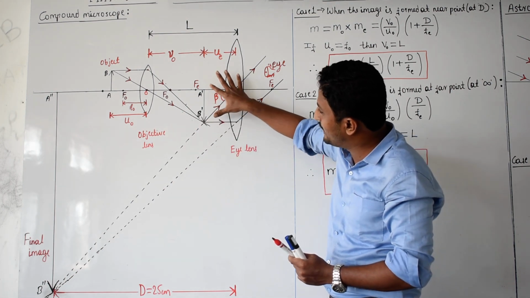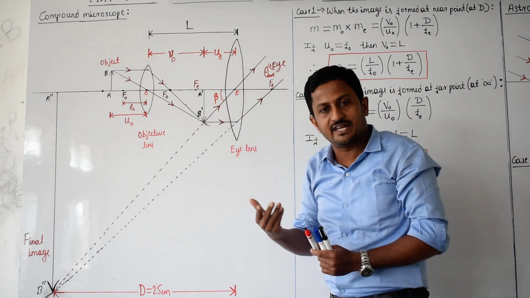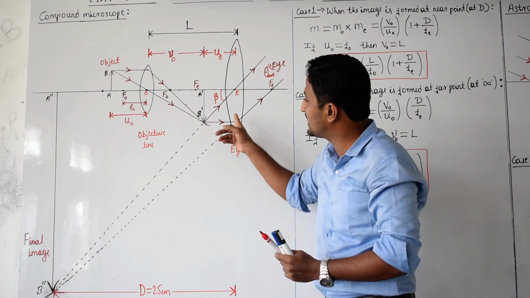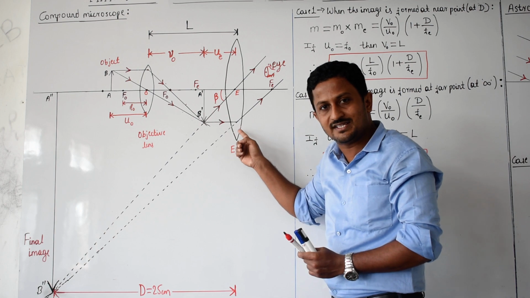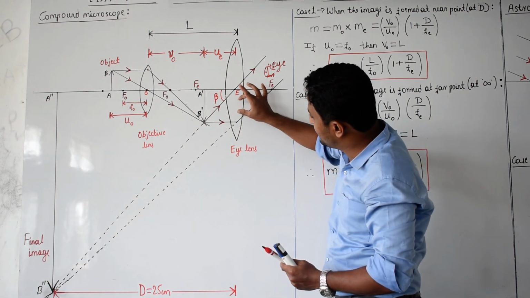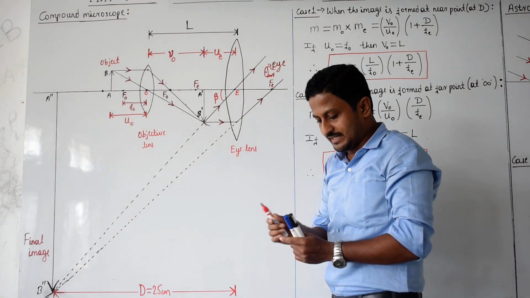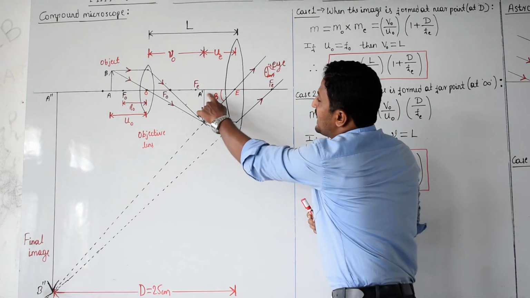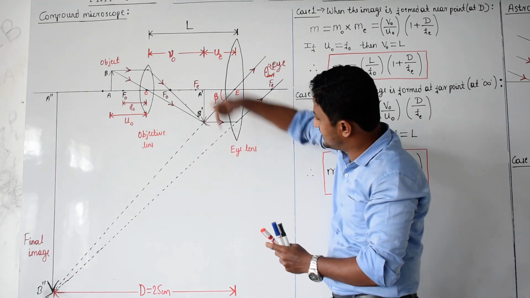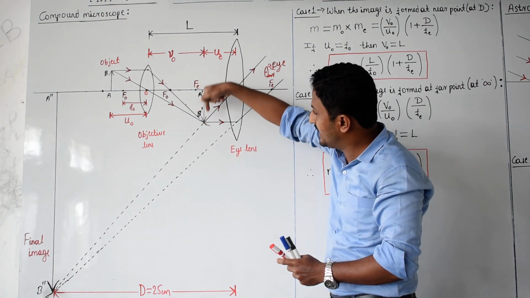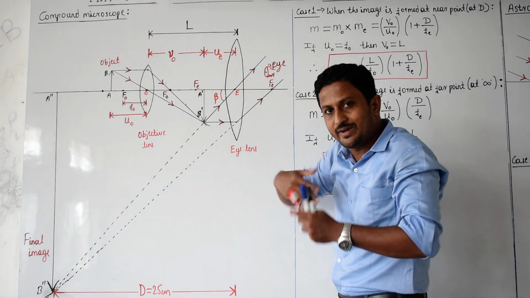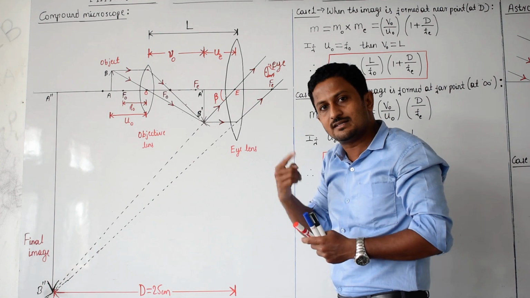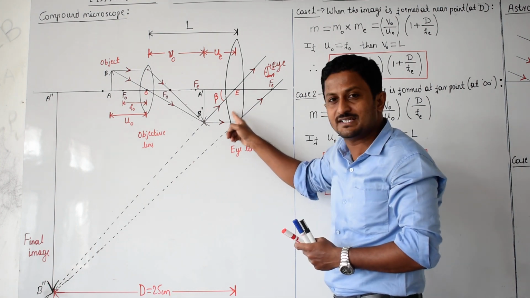This A dash B dash we take as the object for the eye lens. Here one more lens is there. In front of this eye lens there is A dash B dash, like this. It is inverted. We treat this A dash B dash as the object for this lens.